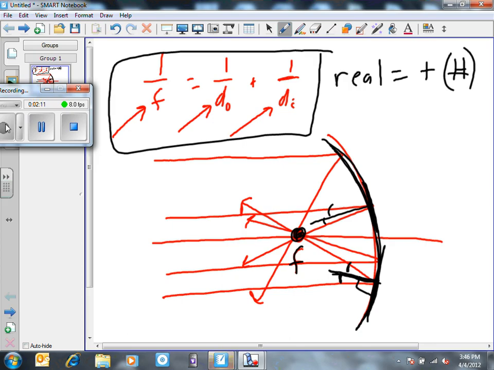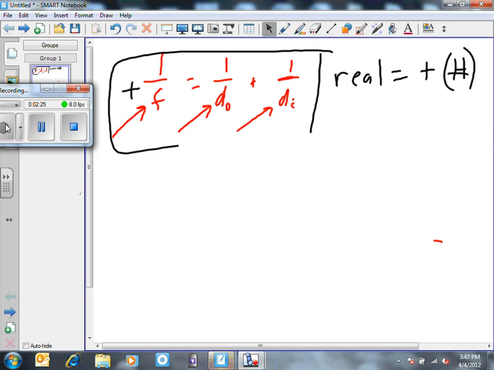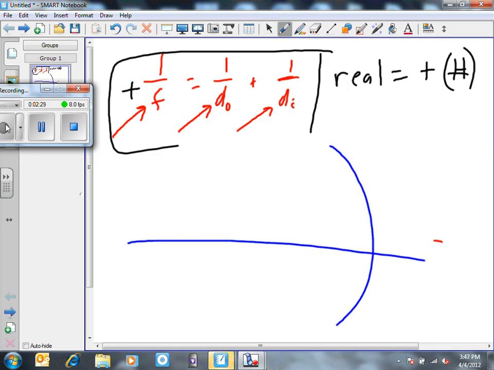So in this case, the focus would be a positive number. Now, if we had an object here, and we're talking about a converging lens, and all converging lenses, by the way, have real foci.